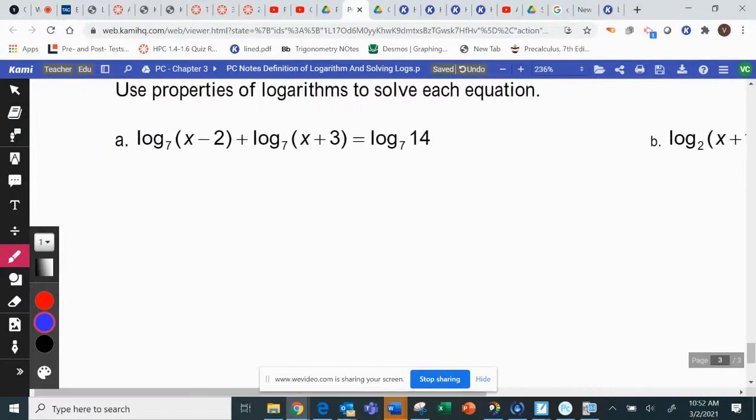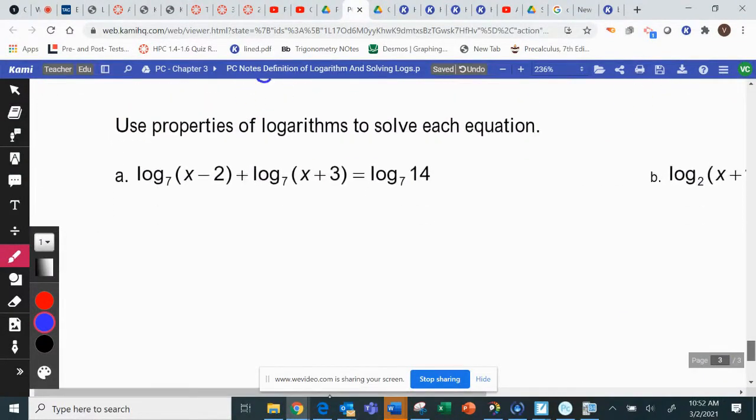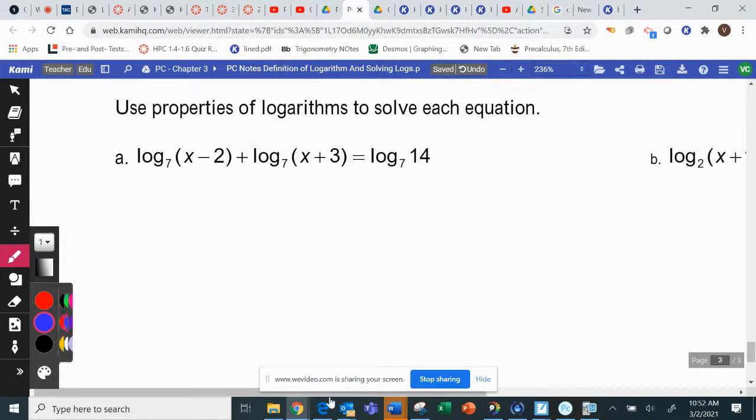All right, use properties of logarithms to solve each equation. In order to solve the equation, you cannot have separate logarithms on one side like what we have right here. So we have to condense them. I can only have one logarithm on this left side. I look in between the logarithms and it's addition. So what should I do to this stuff to make it one logarithm?